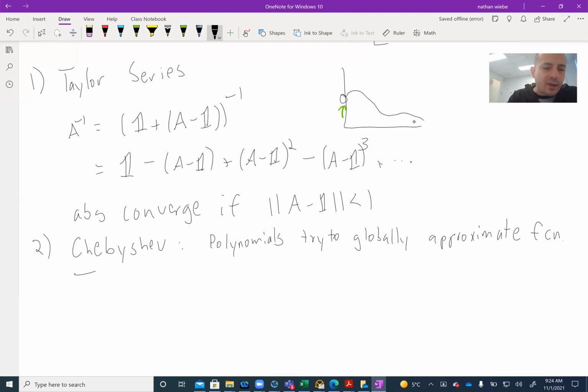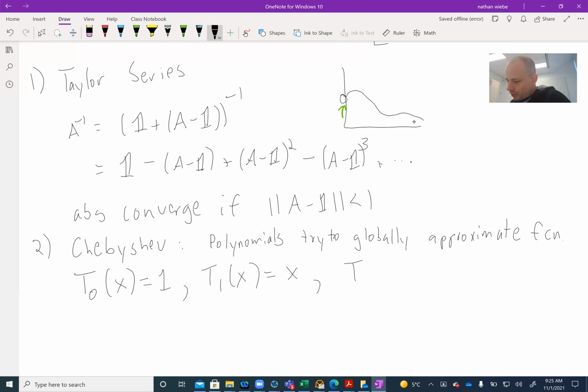And the way that the Chebyshev polynomials are defined is T0 of x is equal to 1. T1 of x is equal to x. And then from that, let me just make sure that I'm sticking with consistent notation here.